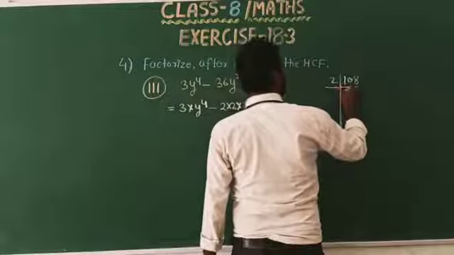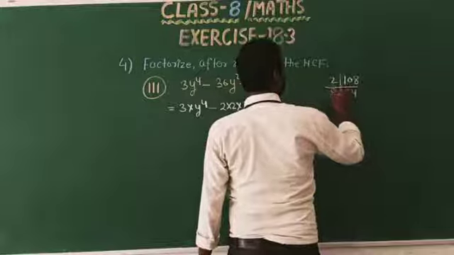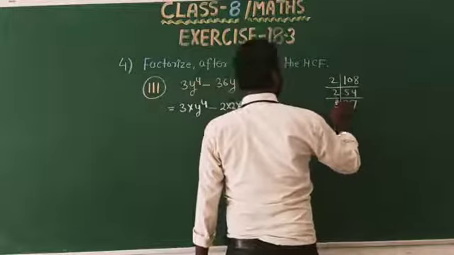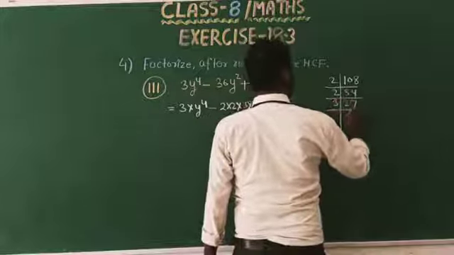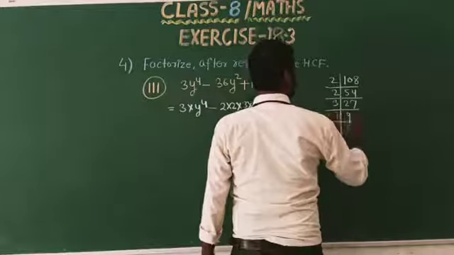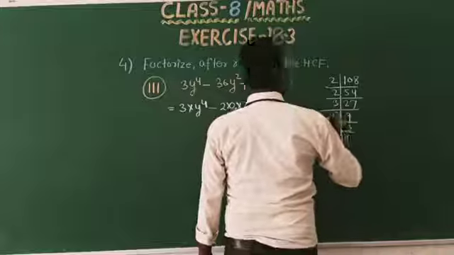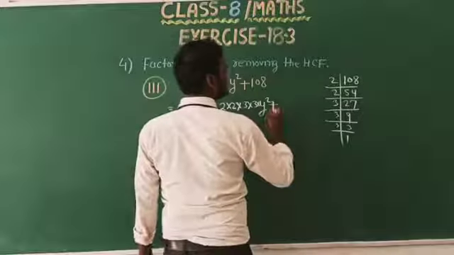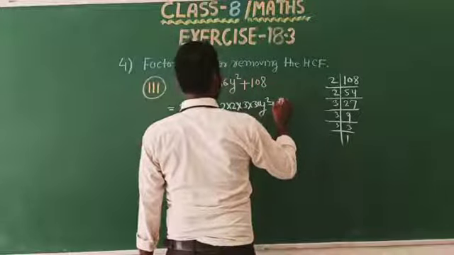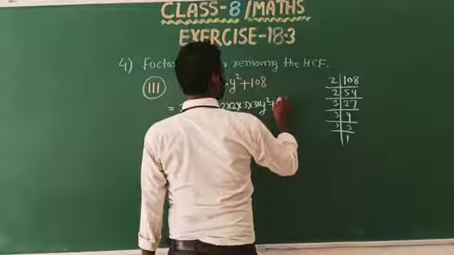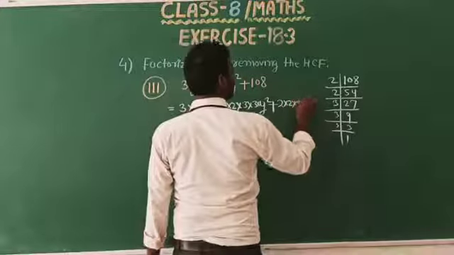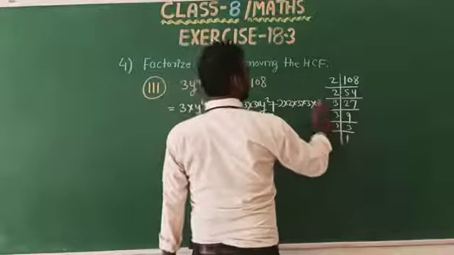So 108 is written as 2 into 2 into 3 into 3 into 3.